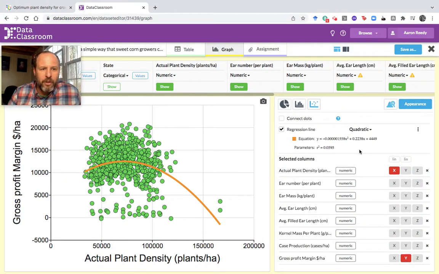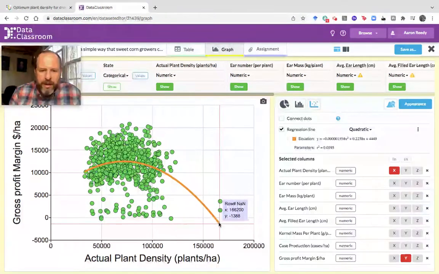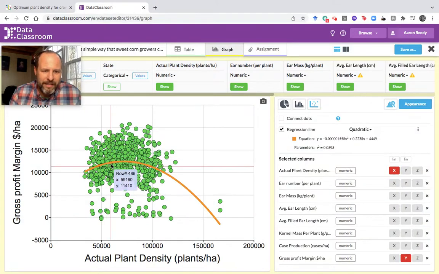And so when we look at this model and we trace this line, this line is showing us the predicted gross profit margin for any plant density in a field, and you can see how it makes this curve, which increases slightly as we move through this middle range, and then it starts to tail off dramatically as we move to extreme plant densities.